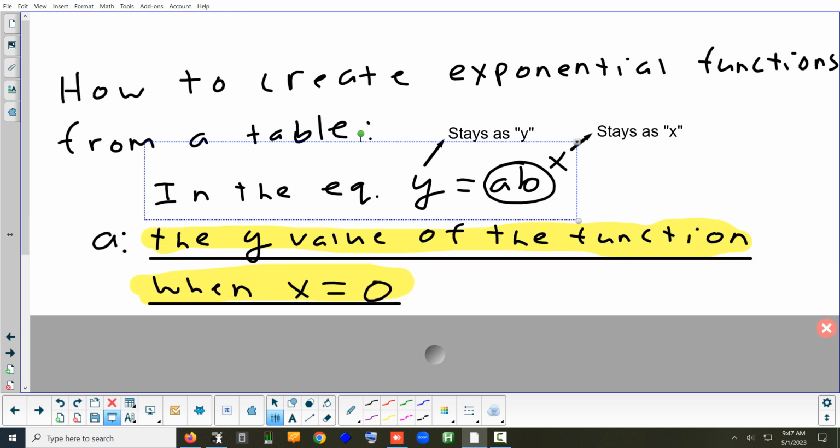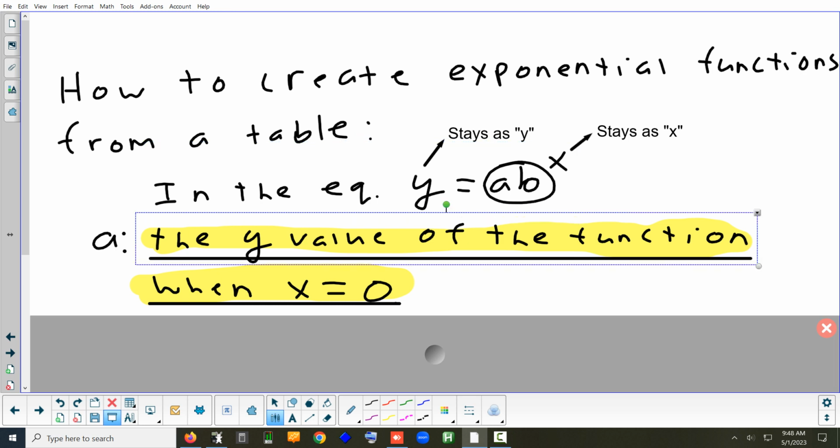Let's start with A. The way that you figure out the A value is you're going to look at your table and go to the column where you see a 0 for x. Once you find a 0 for x, you're going to go down and read off the y value in that column.